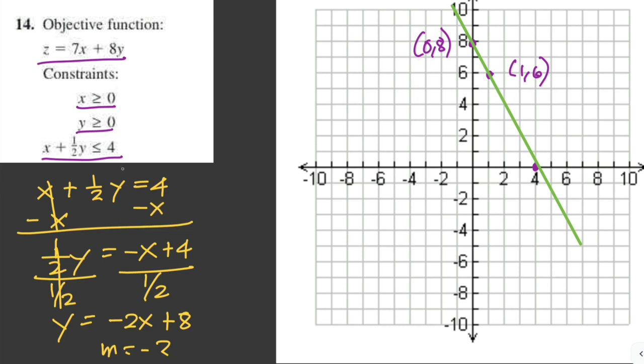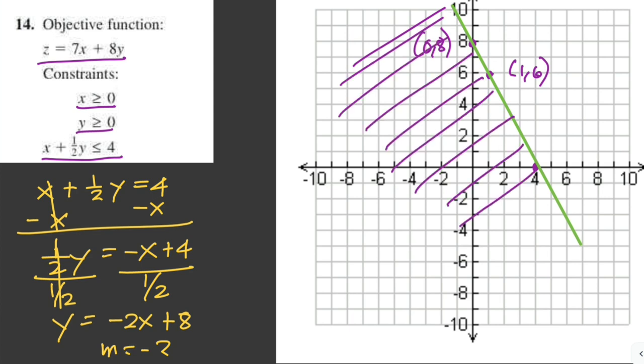The graph of our linear equation, and it says y is less than or equal to negative 2x plus 8. So that means we shade all of the points or values below the line, including the line, because it is less than or equal to.